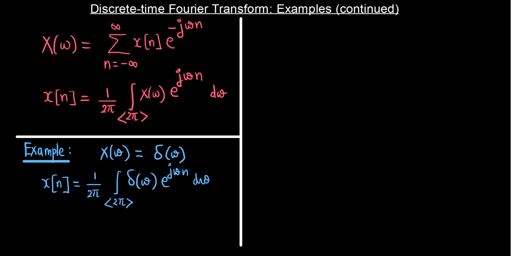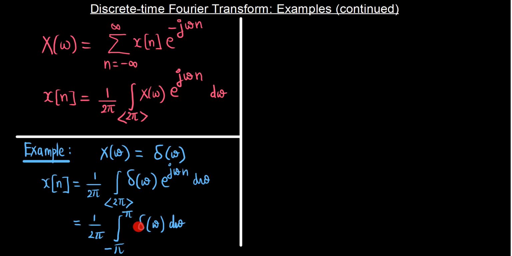So what we are going to get is equal to 1 upon 2 pi. As this integration is over any limits of 2 pi, I will take it from minus pi to pi. So we are going to get this delta of omega d omega, and we know what this integration is.